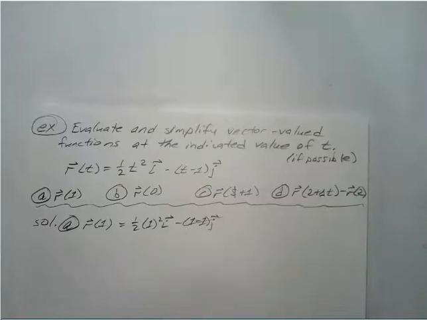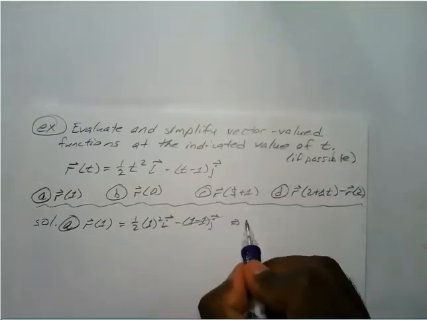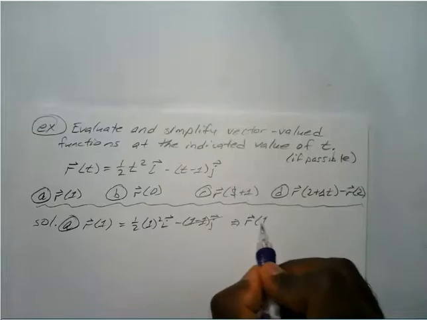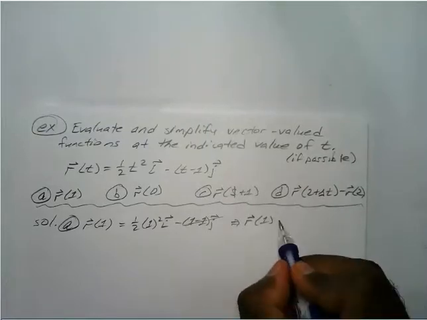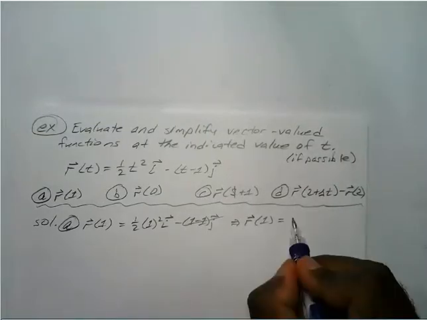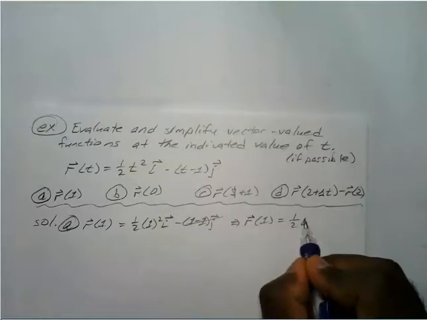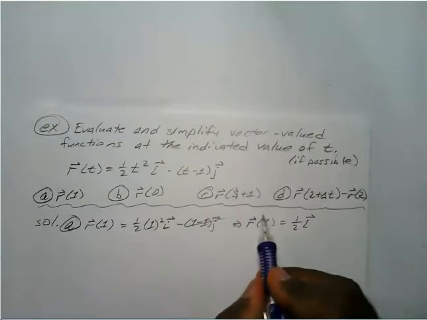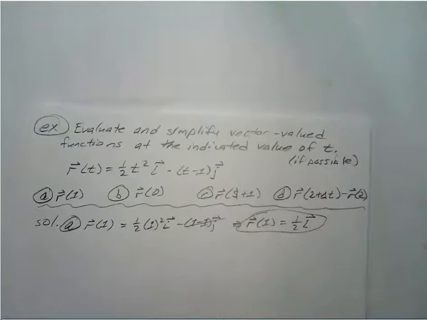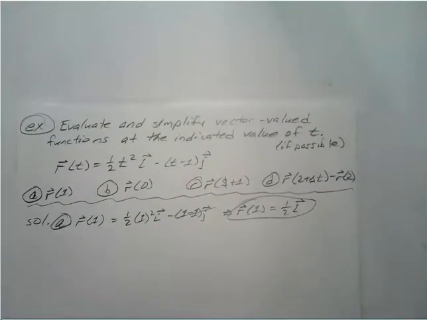Of course, this just becomes 0, so that disappears. So we see that r of 1 is just equal to 1/2 i vector. All right, so that's pretty straightforward, just plug and chug.